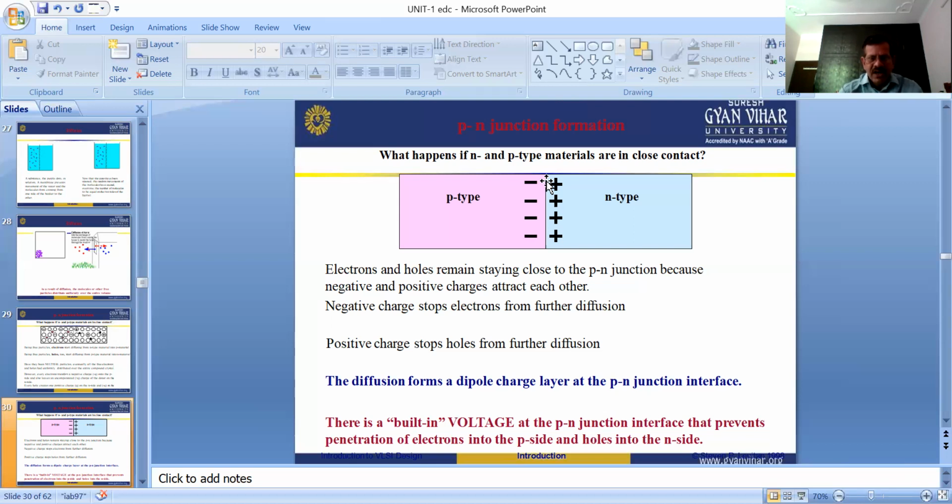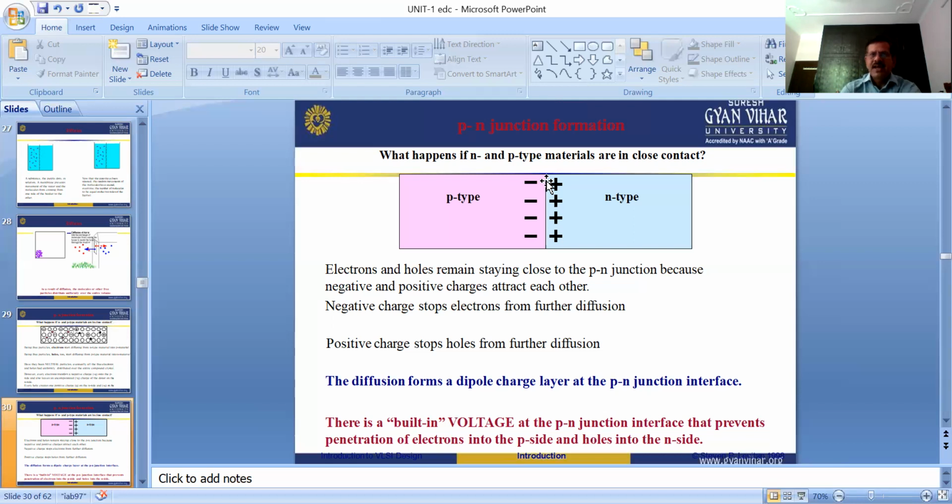There is a built-in voltage at the p-n junction interface that prevents penetration of electrons into the p side and holes into the n side.